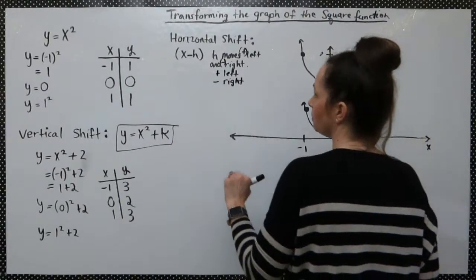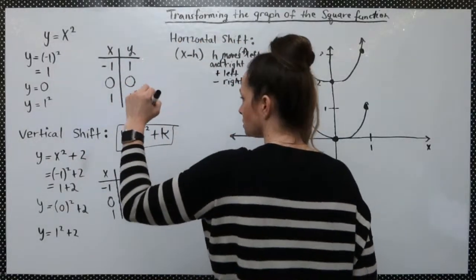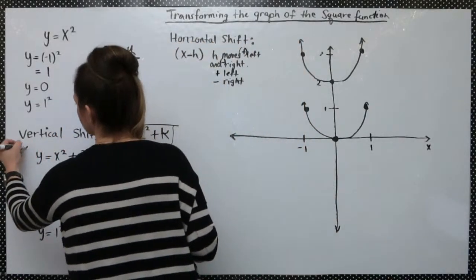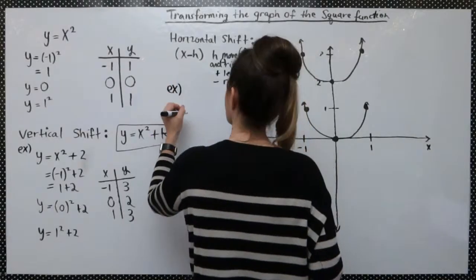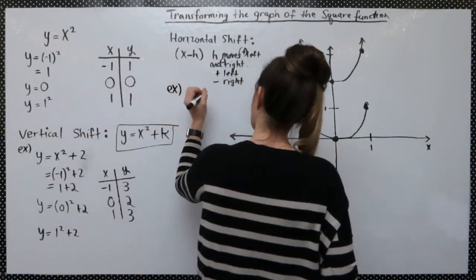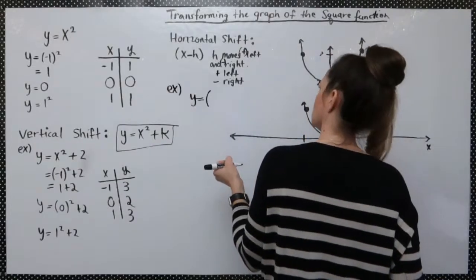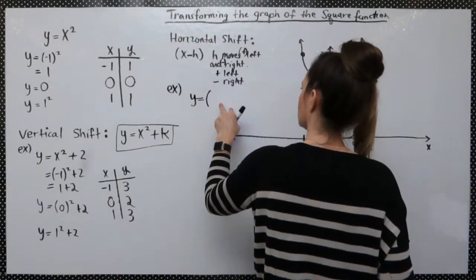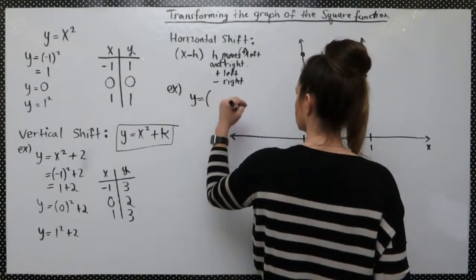So if I were going to take this function and perform a horizontal shift, we'll do this as an example. We'll say y equals, and where that transformation appears in the graph now is inside of the square. It's attached directly to x inside the square.